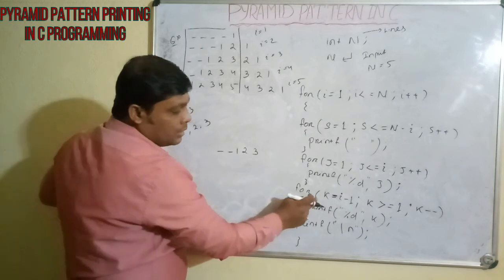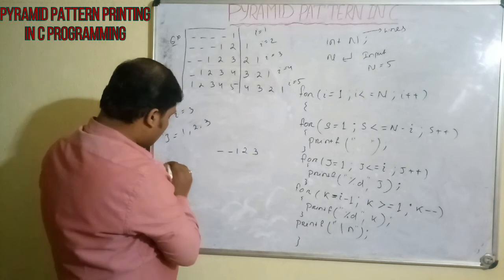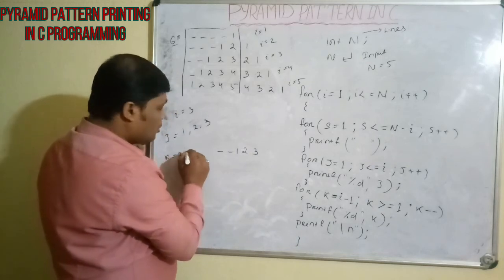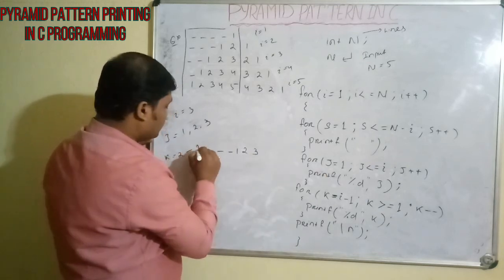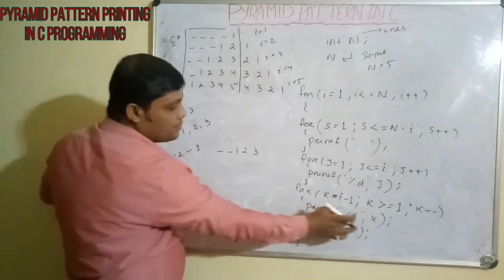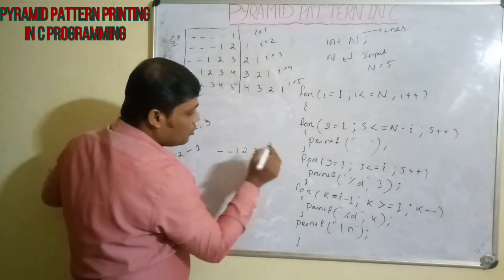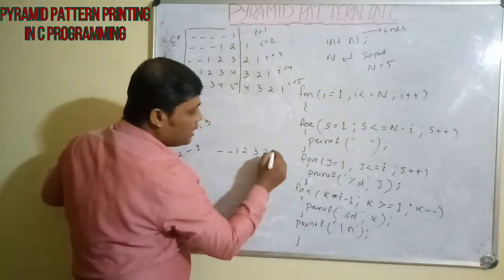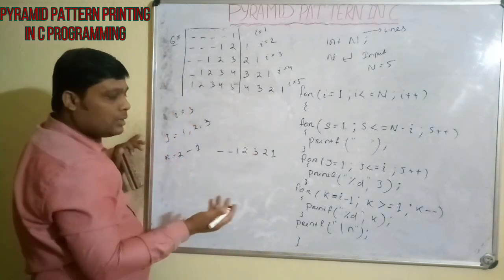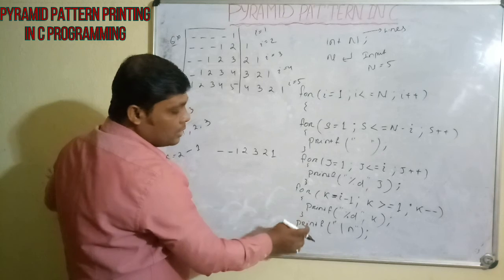Then come to here. K equal to I minus 1. I value is 3, so 3 minus 1. K will start from 2 and end with 1. So it will work for 2 and 1, 2 values. And it is printing K value. So it will print 2, then K minus minus will be there, it will print 1. Then when K value will be 0, it will go out of this loop.